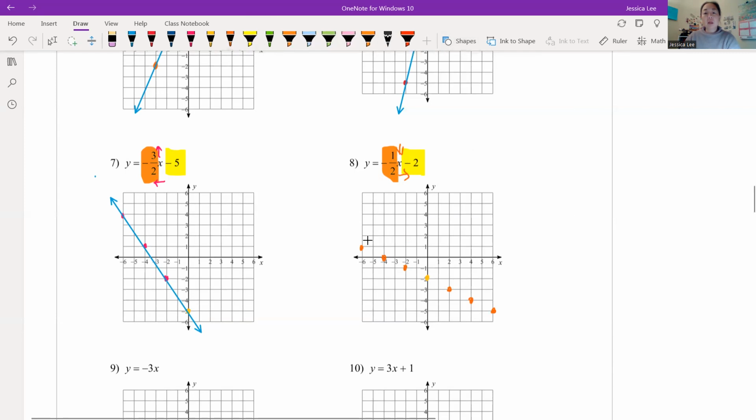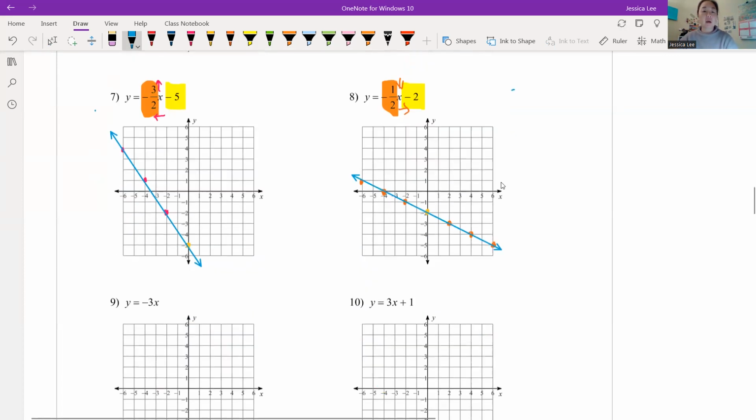And let me get my line going. Right around there. And here's my line. All right. So notice this is a negative slope, and it's the negative slope of -1/2.